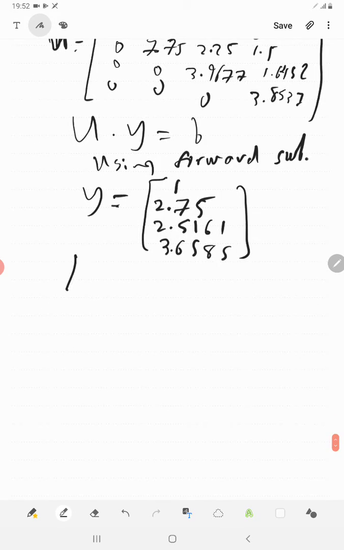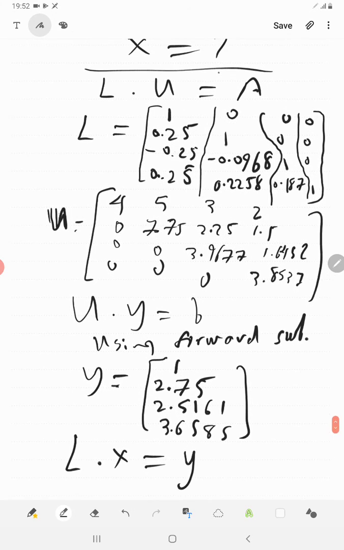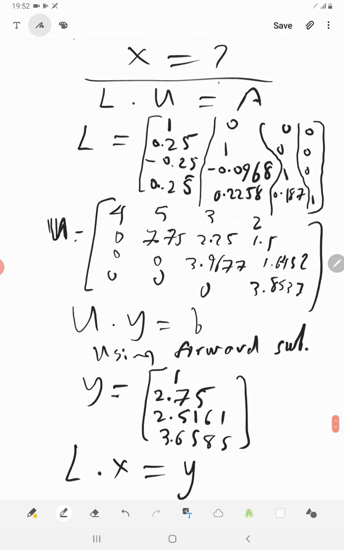And finally, use L times X equal Y, and you do lower. This is a lower triangular matrix. Sorry, let's see, L times U equal A, so we use U. No, this is not right, let me correct that.